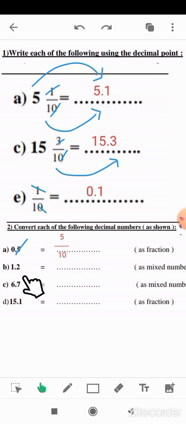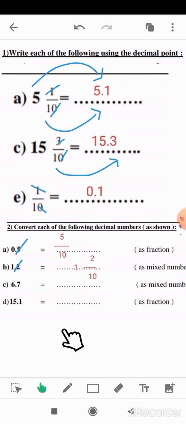Second example, I have 1.2, so I will make 2 up and ask myself how many numbers are after the decimal point. I will find 1 place, so I will put 10. So it's 2 over 10, and the 1, the whole number, is the same here.